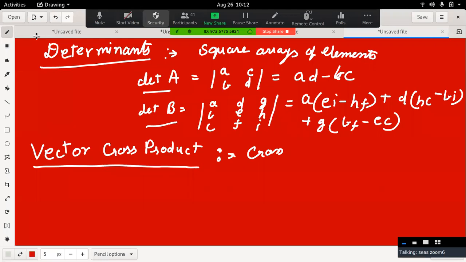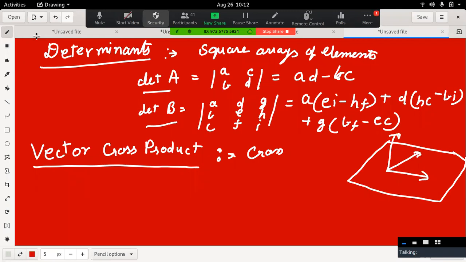If one vector is here and another vector is here, and if we can plot them on one plane, then the third vector must be perpendicular to this plane, and that will be the cross product of these two vectors.